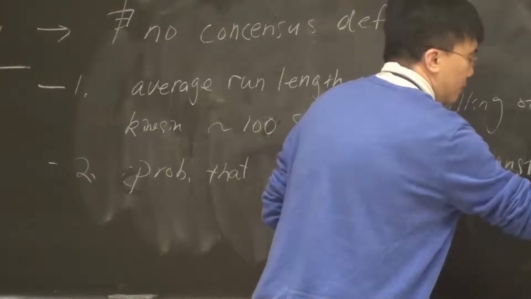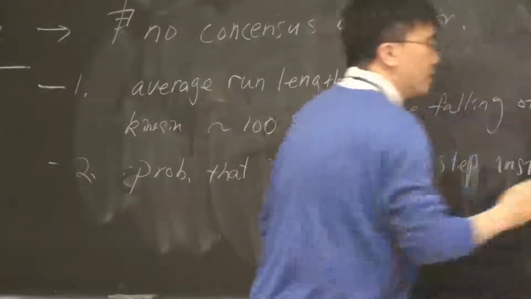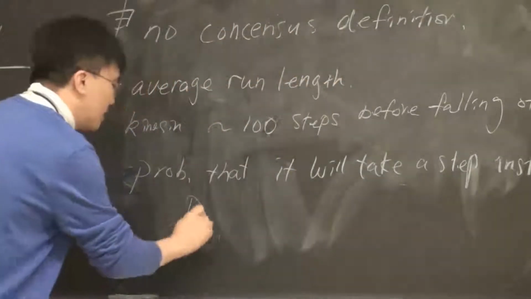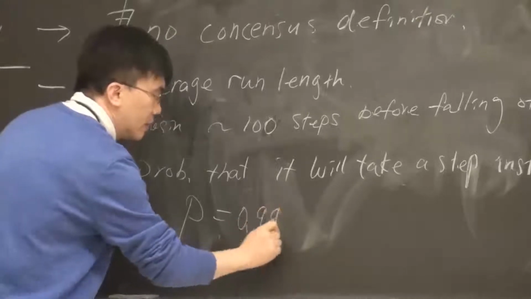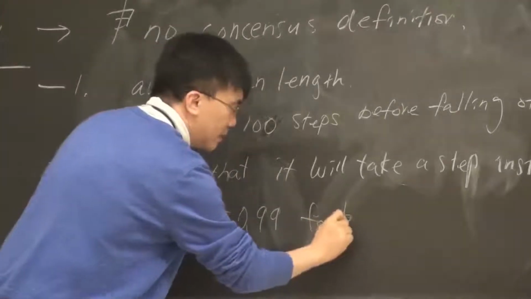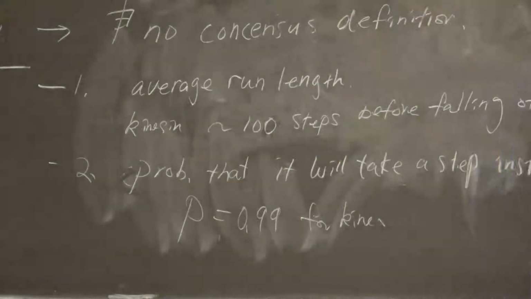So according to this definition, the processivity P will be 0.99 for kinesin, because it takes about 100 steps before falling off.